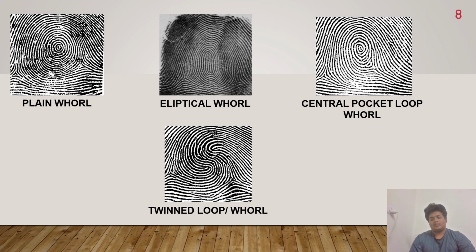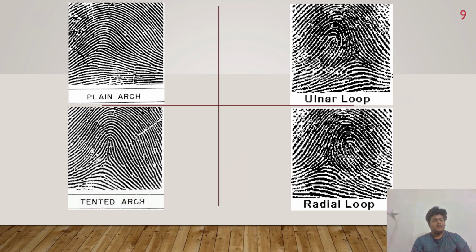Then we have, as discussed earlier, these are the types of arch and these are the types of loops. It is a plain arch where there is a single, simple formation of an arch, and it does not possess any delta.